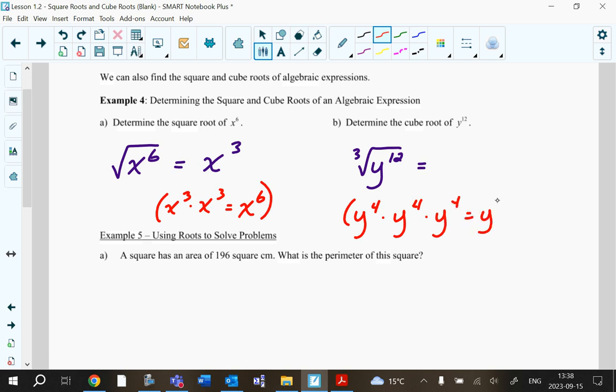So the answer is y to the 4th. Isn't 3 times 3 9? But when we do exponent laws, we add the exponents when we multiply them.